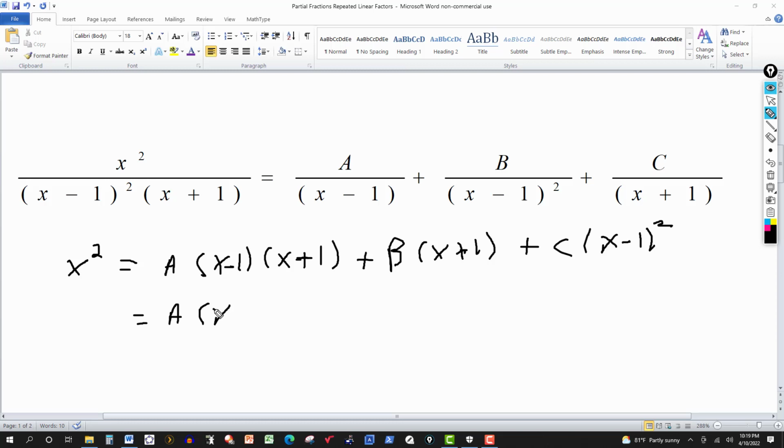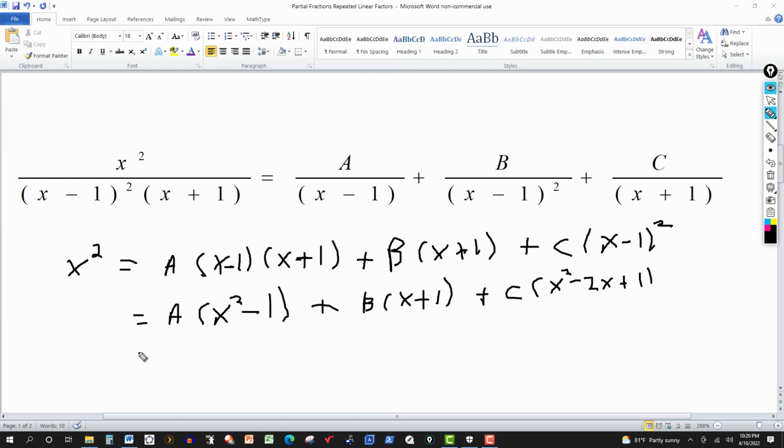That's the difference of two squares, so that'll give me x squared minus 1, plus, and then this one I just leave the way it is for now. It's already simplified, b times x plus 1, and then plus c, and then multiply this out, x minus 1 quantity squared. This is a binomial, so that'll be x squared minus 2x plus 1.